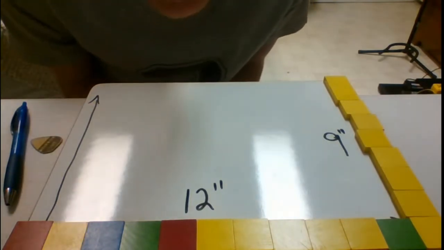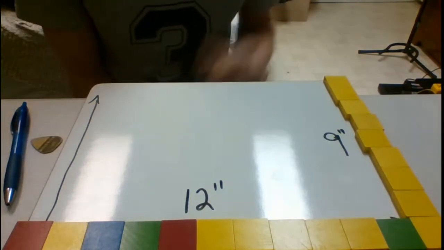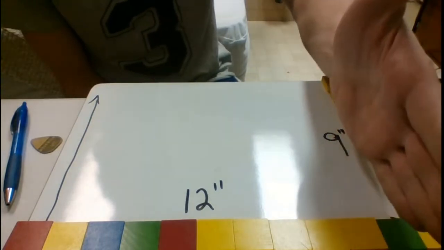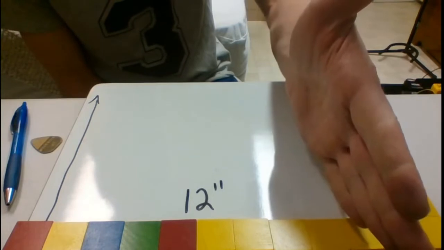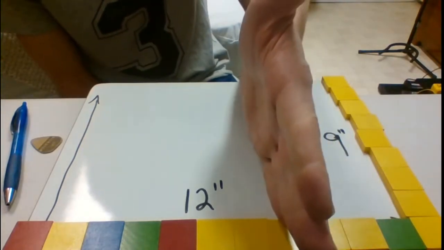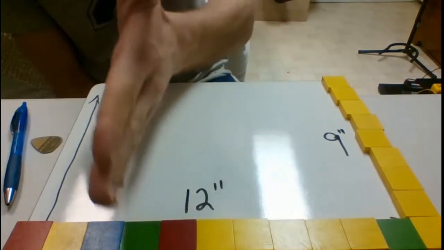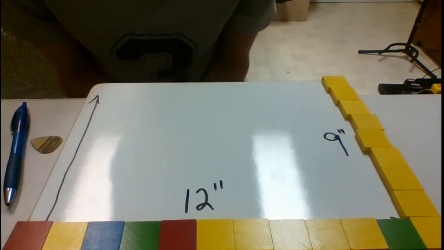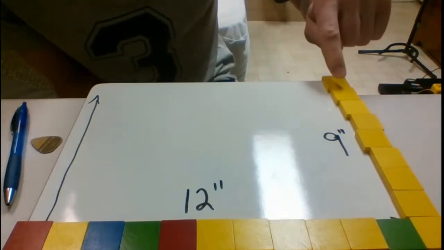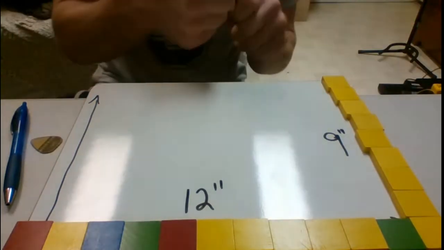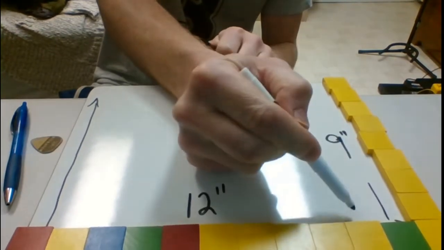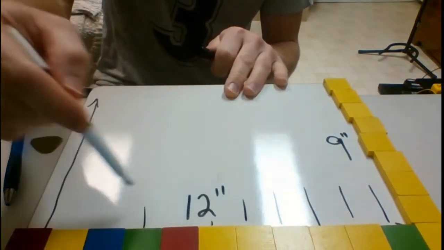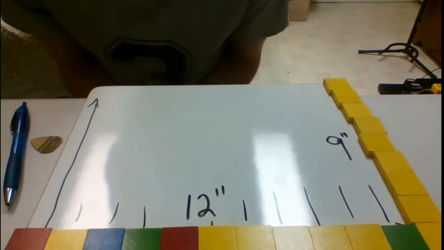So I could go and fill up this entire whiteboard. I could start filling up one row of 9, another row of 9, another row of 9, all across the whiteboard. So you might be getting the picture of, hey, these are groups of something. I could do one group of 9, two groups of 9, 3 groups of 9, 4, 5, 6, 7, 8, 9, 10, 11, 12 groups of 9.